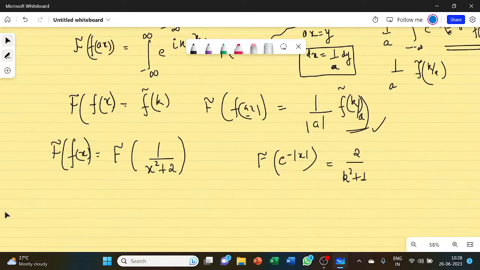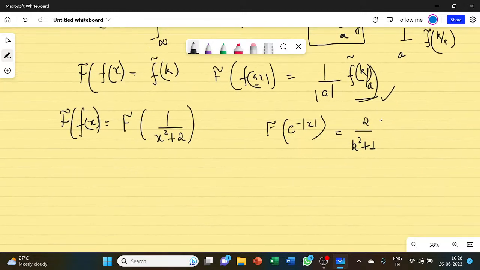So I'm just using 2 upon k square plus 1. Now instead of this, if I'm demanding, let's say, the Fourier transform of e to the power minus a mod x, then it will be equal to 1 upon a times the Fourier transform where, instead of k, I will write k upon a.